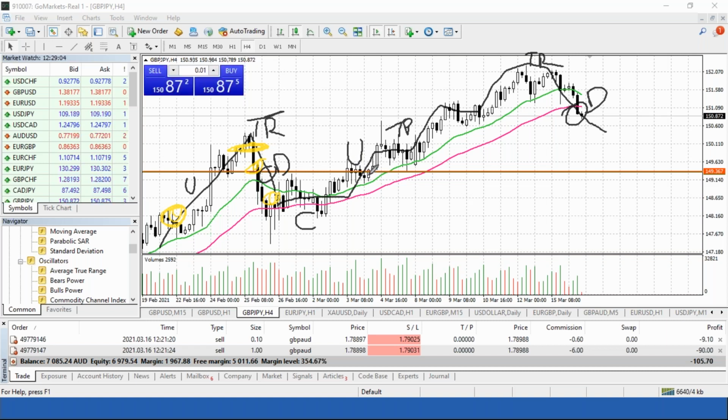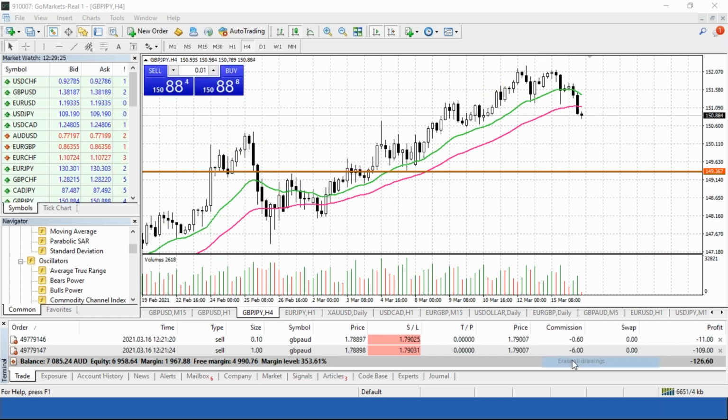On our uptrend, we'd like to get in at this point here and have it right the way up to there, irrespective of these pauses. And then we're in this downtrend, so we'd like to be in here. So the idea is that if we can just identify these 6 ways of market moves, and as I said, you can identify them on any time frame, then we are in a position to do okay.